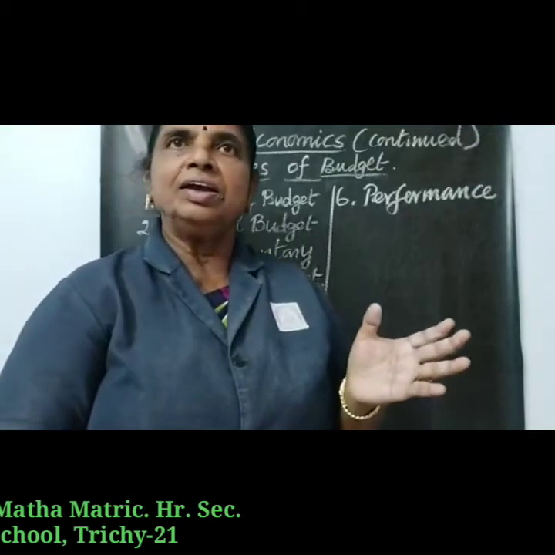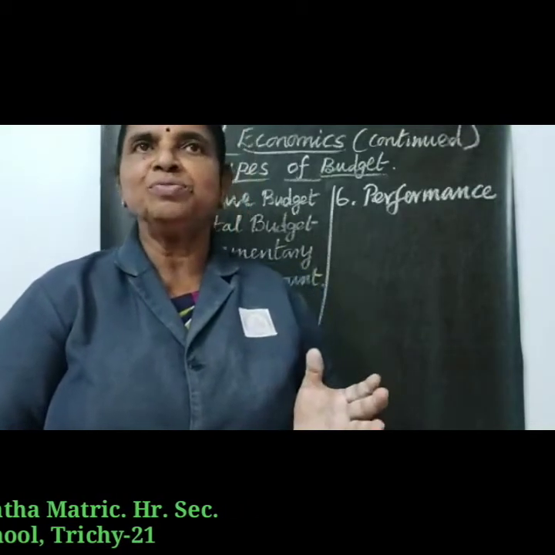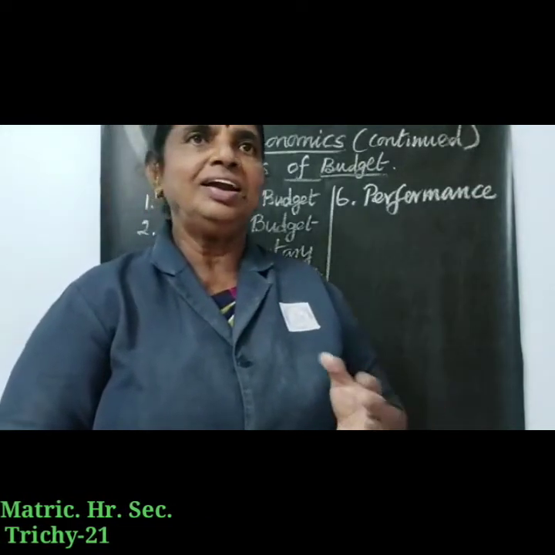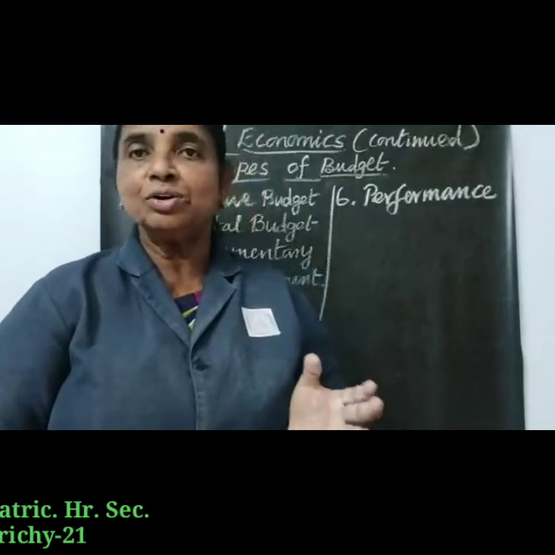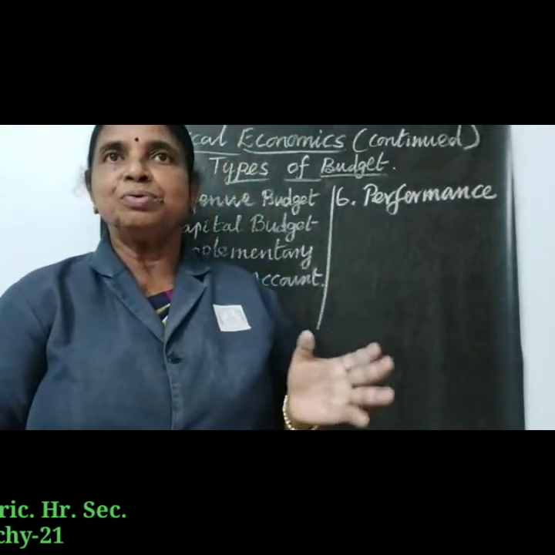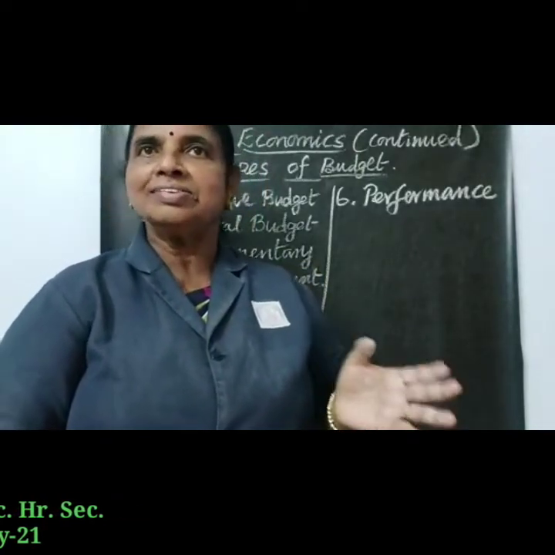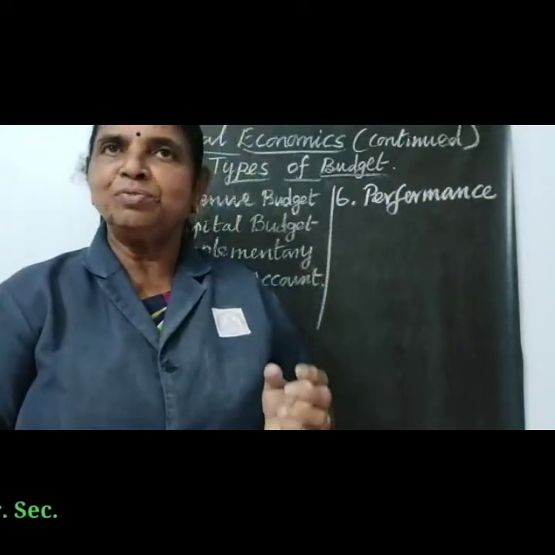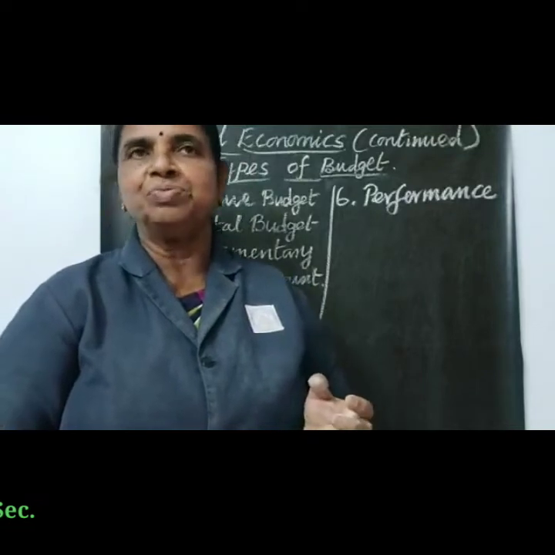The Administrative Reforms Commission was set up in 1949 in America under Sir Hooper Commission. And this commission recommended making of a performance budget in USA.